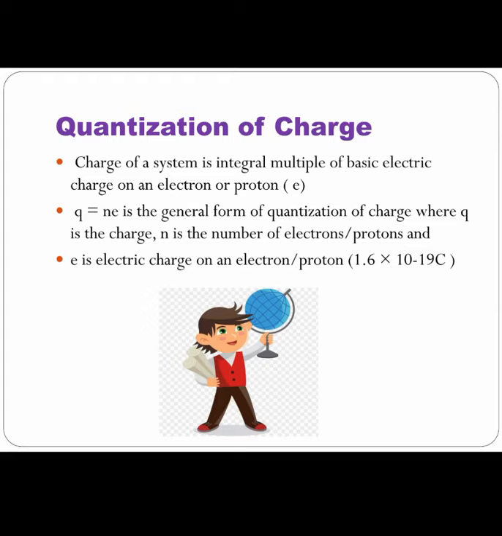For example, if the object contains 150 electrons and 200 protons, what is the total charge of the object?